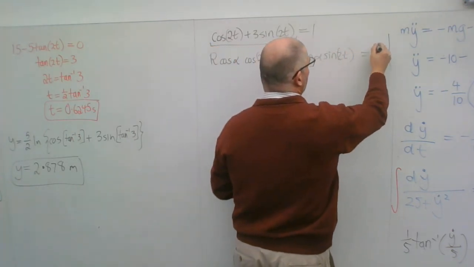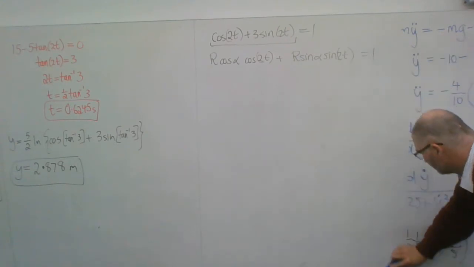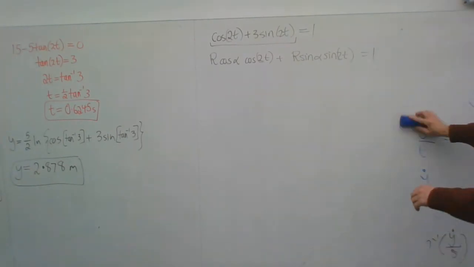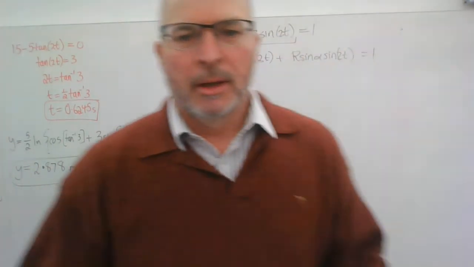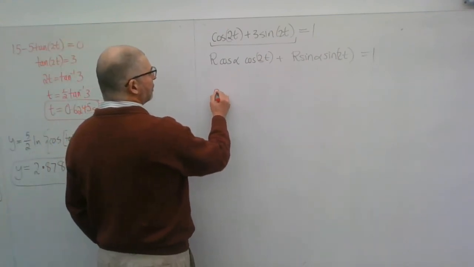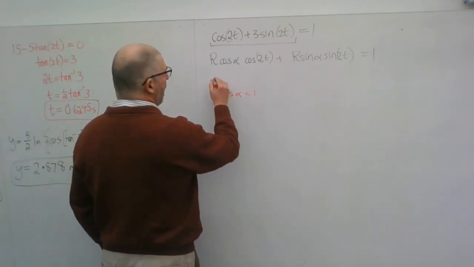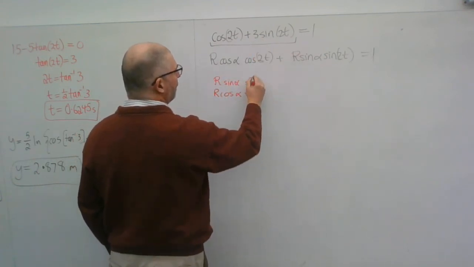So that's going to equal 1. All right, so my r cos alpha is equal to 1 and my r sine alpha is equal to 3.